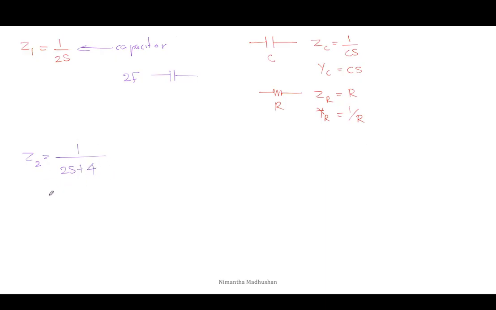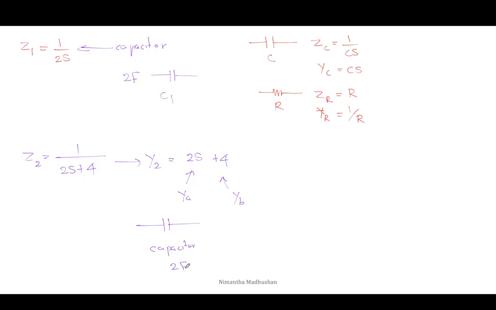For this one, I consider the admittance value. Y2 is equal to 2s plus 4, the reciprocal of the impedance. Then this one is admittance A and admittance B, YA and YB. If I consider these admittance terms, YA is a capacitor. The value is 2 farad.